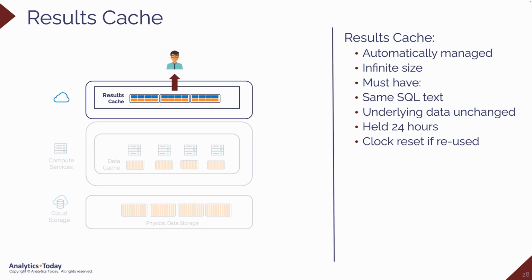If the data's changed, it will go down to the virtual warehouse and recalculate the results. If that data is not fetched again for 24 hours, it's aged out of the results cache, but every time that query results cache data is used, the clock is reset. And in fact, it's held in the results cache for up to 30 days, after which it's then cleared.